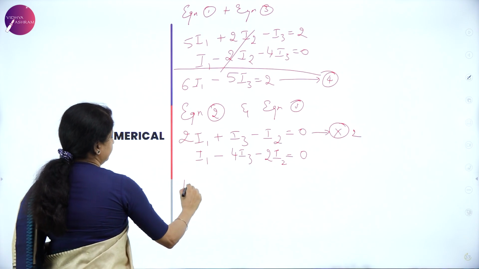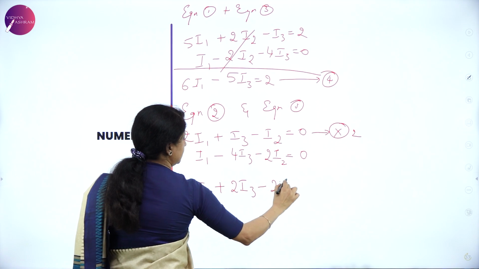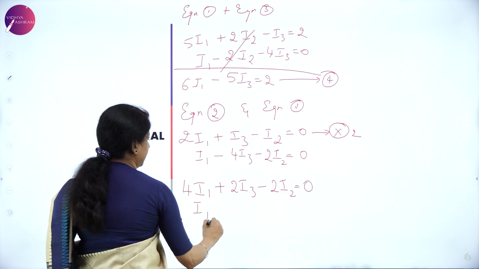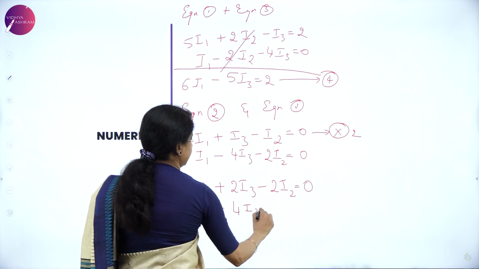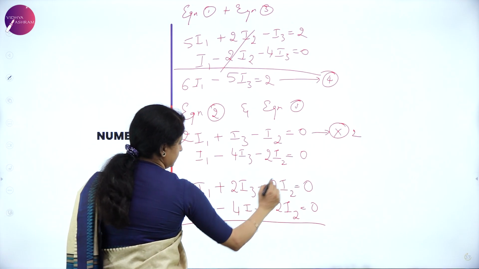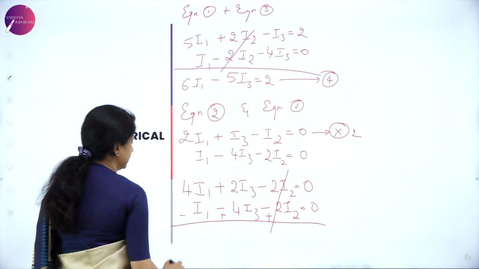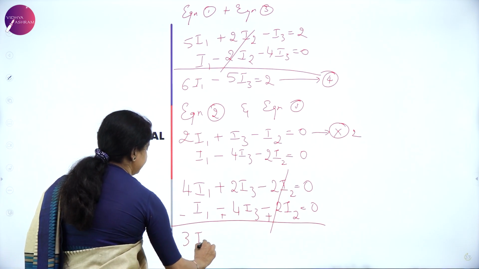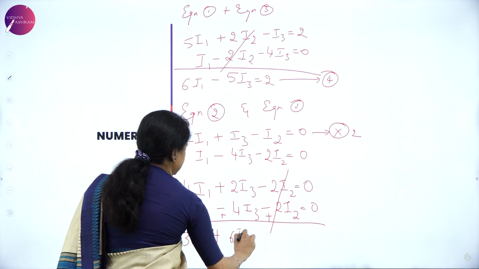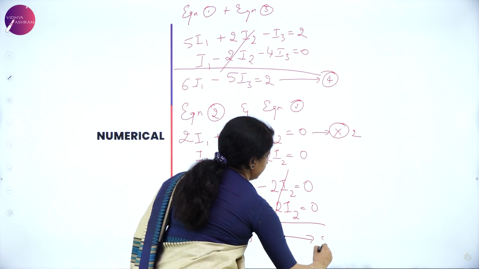What do we get? 4I1 plus 2I3 minus 2I2 is equal to 0. And here I have I1 minus 4I3 minus 2I2 is equal to 0. Now we have to change the signs and subtract, and the I2 terms get cancelled and we remain with 4I1 minus I1 is 3I1 plus 6I3 is equal to 0. So this is my equation 5.